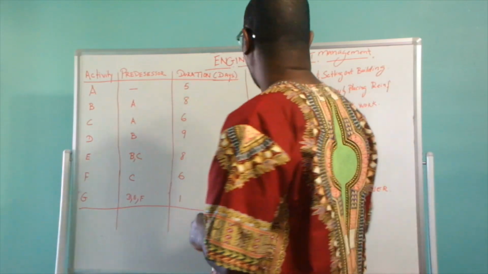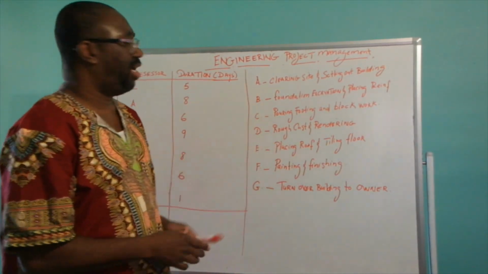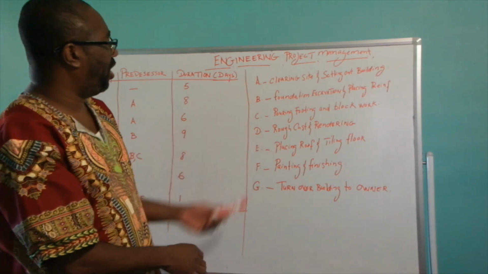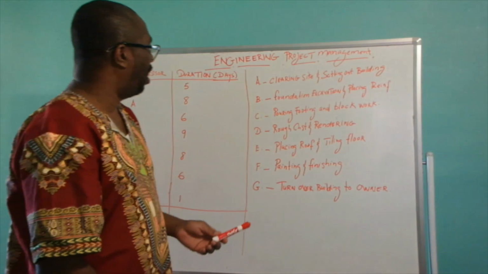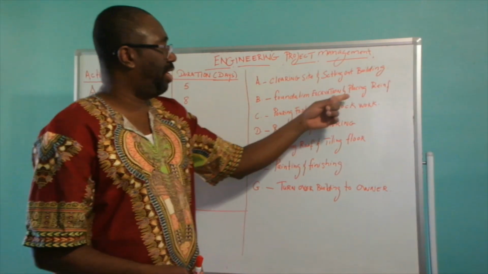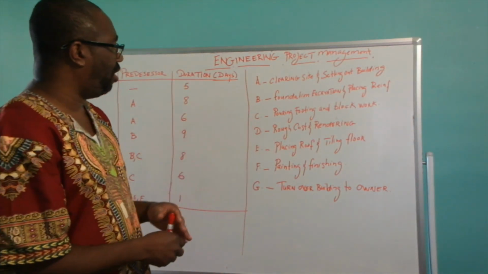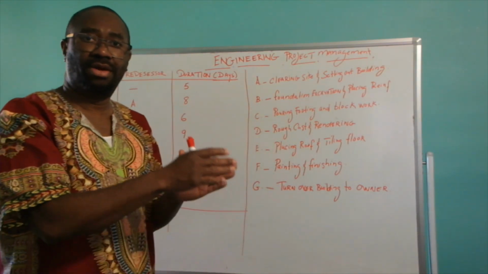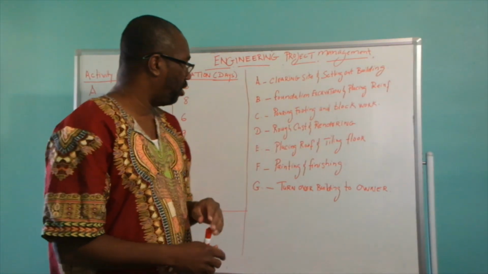Now activity A, in terms of our construction for this project, is clearing site and setting out of our building. Activity B is foundation excavation and placing steel reinforcement. Activity C is pouring the concrete for your foundation footing and doing your block work.